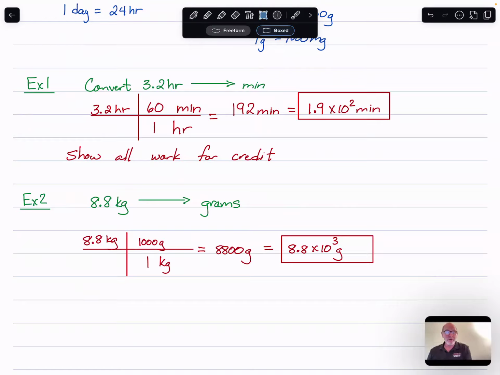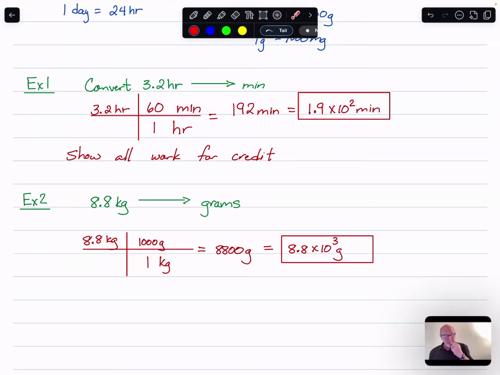They're very straightforward. What I'm trying to do is set up my units so that if they are on the diagonal, that my units, that I've got hours here, I'm going to put hours down here, and those two things are going to cancel on the diagonal. Same thing in the bottom problem. I have kilograms here, kilograms, and those are going to cancel top and bottom, changing my units to grams.